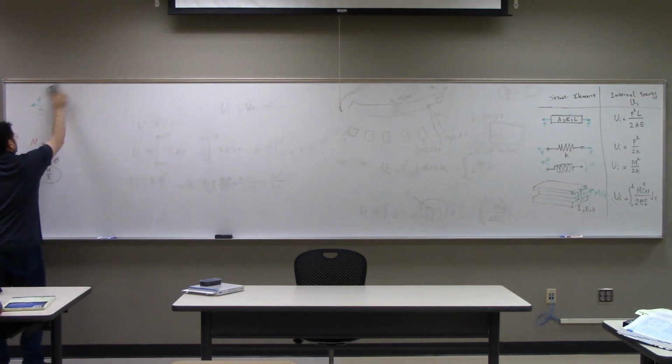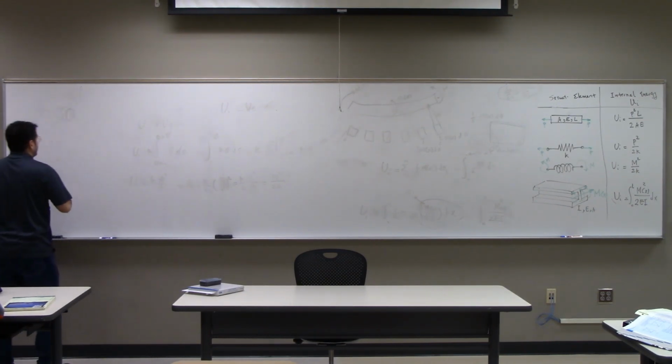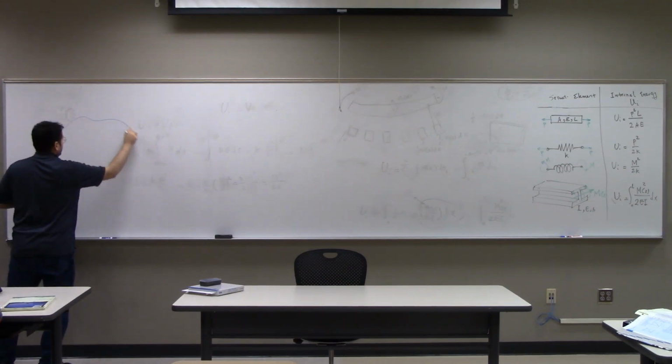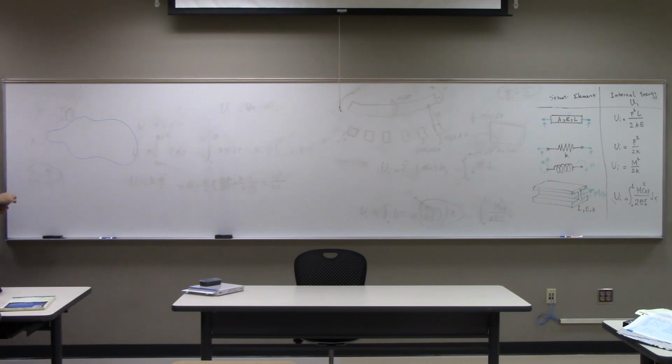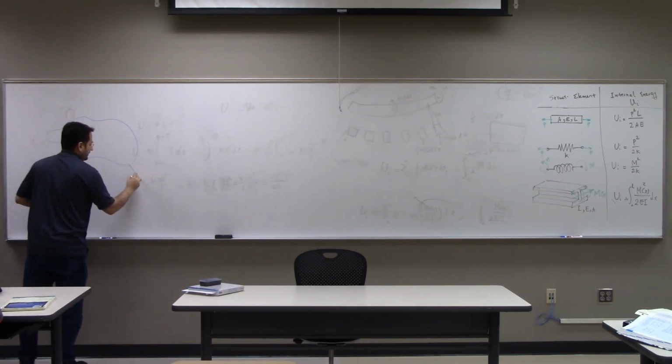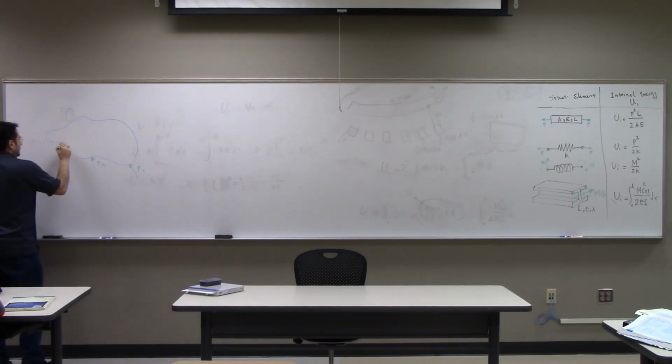So let's say you have an arbitrary body, this big potato, again, this just could be anything inside it. The truss, the frame, anything, arbitrary. And let's say you have some loading on it: P1, P2, P3, arbitrary.